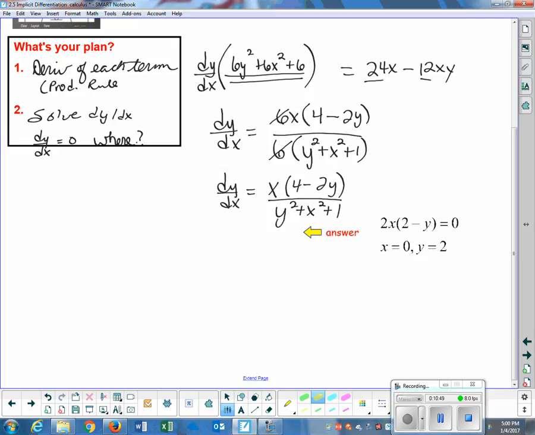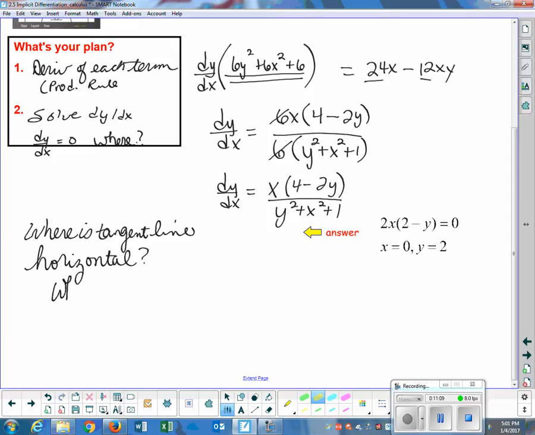And the overall question of the overall problem was like, where's the tangent line horizontal? Well, where is the tangent line horizontal? Well, it'd be where the slope is 0. So that would be where dy dx equals 0.